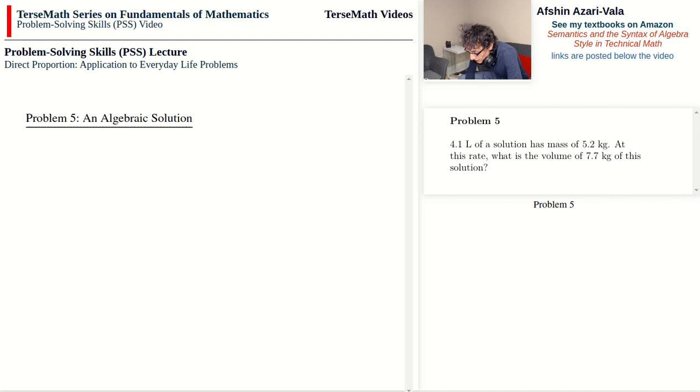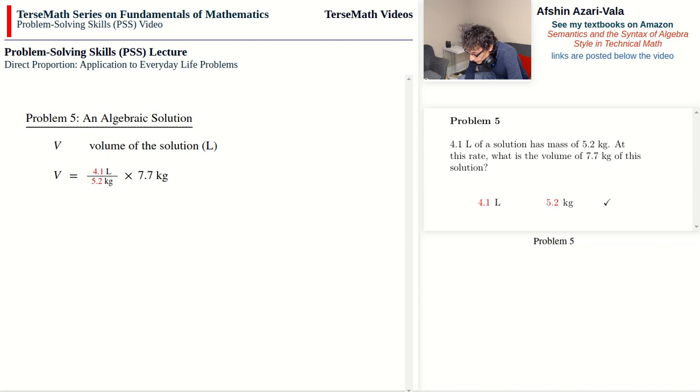Okay, so an algebraic solution for this problem, we're going to use capital V for volume of the solution in liters. And again, because one relationship is given to us, 4.1 liters and 5.2 kilograms, there will be only one division over here. And that's multiplied by the number that we want to work out, 7.7 kilograms. Now we match the unit down here, and we put 5.2 kilograms down here, and 4.1 liters goes on top.